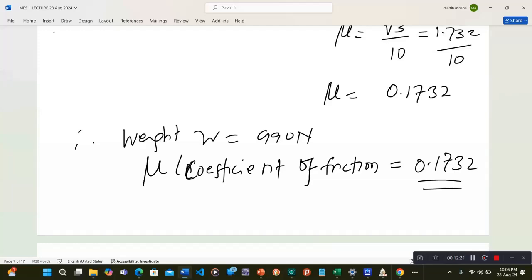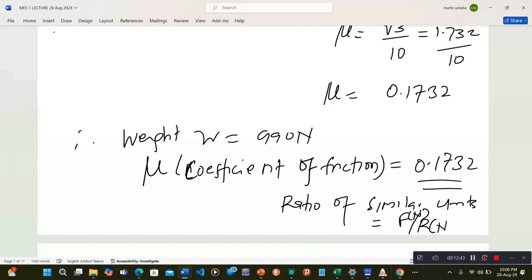That's why we have 990 newtons. Why does the coefficient of friction not have units? Because it is a ratio of similar units. Because we have the frictional force out of the normal reaction. This is in newtons, this is in newtons. The newtons will cancel out and we will have no units.